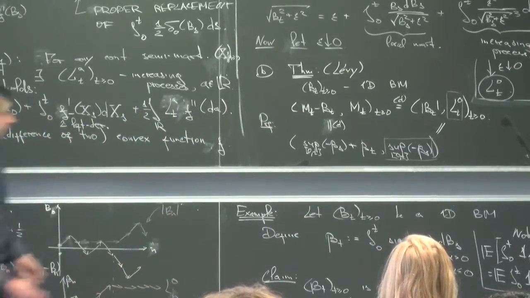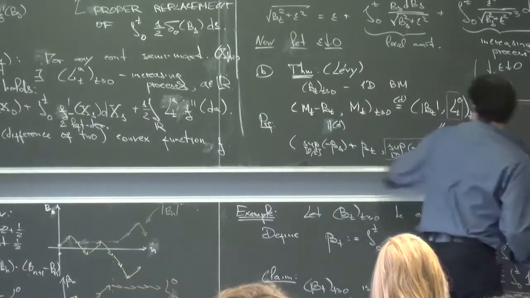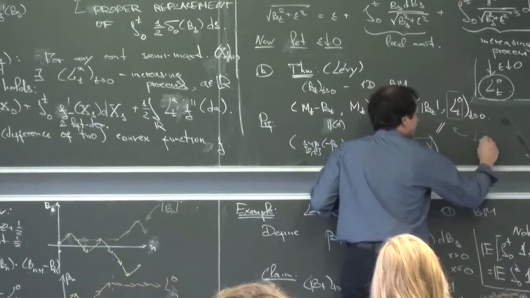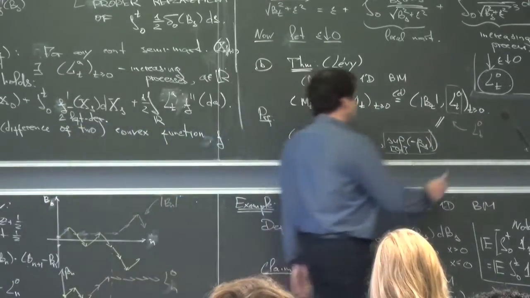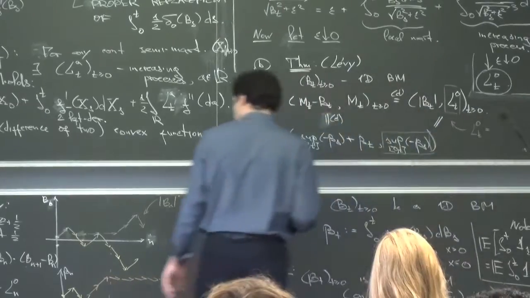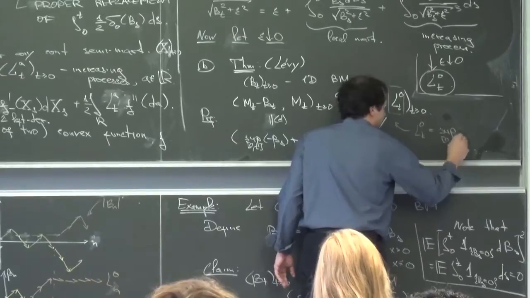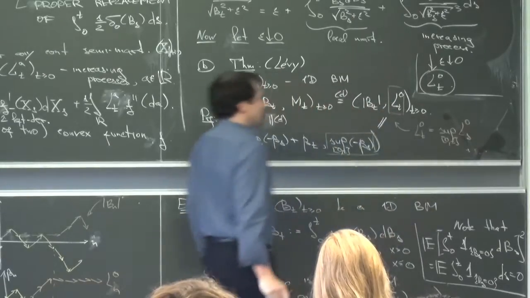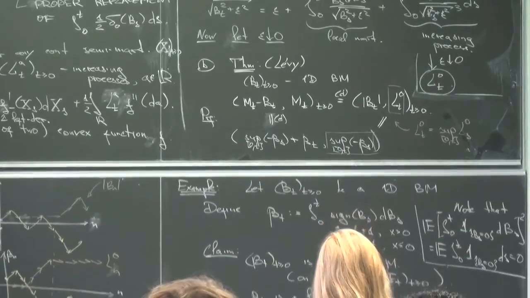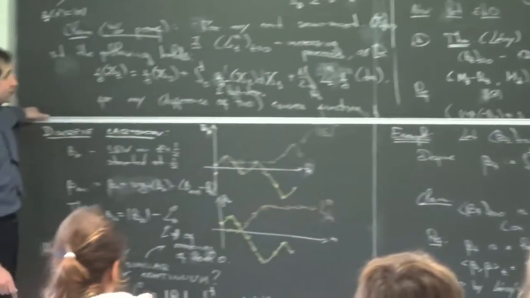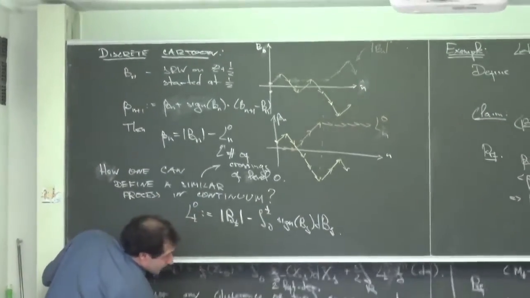And for this part, I know that L_t^0 is an increasing process. In particular, I know that this is a supremum over s in [0,t] of L_s^0. And for each particular time s, sorry for this mess with blackboards, maybe I can do it the other way around, like this.